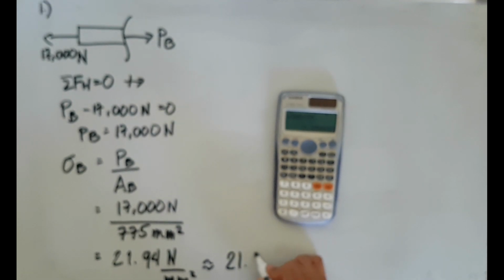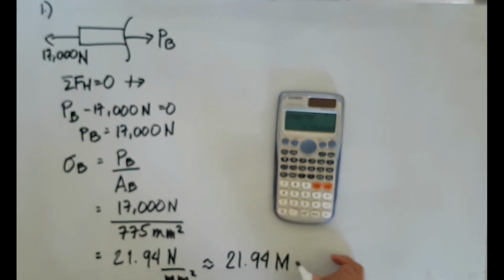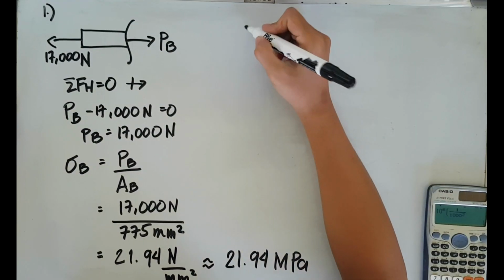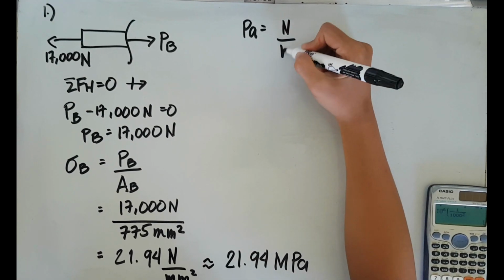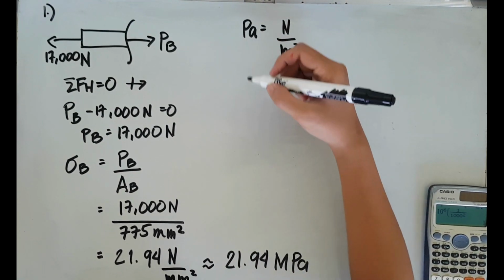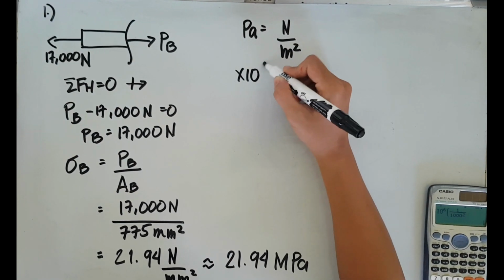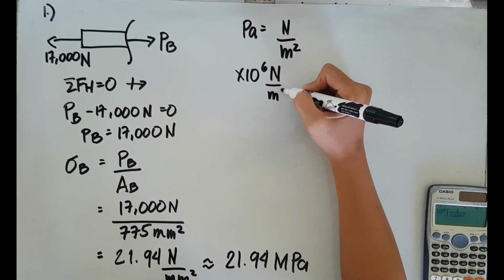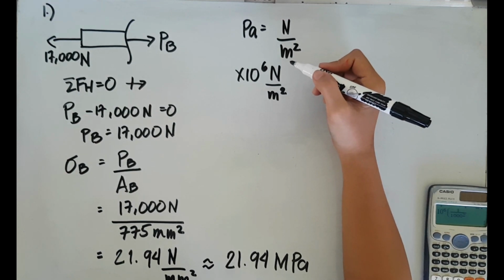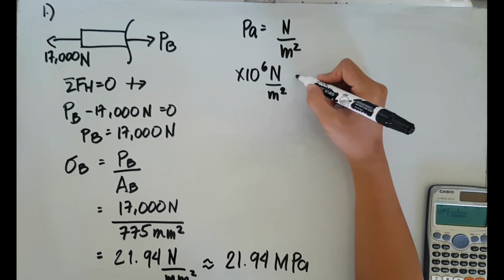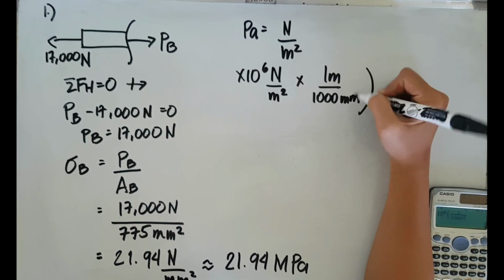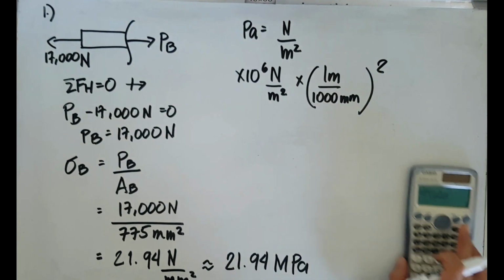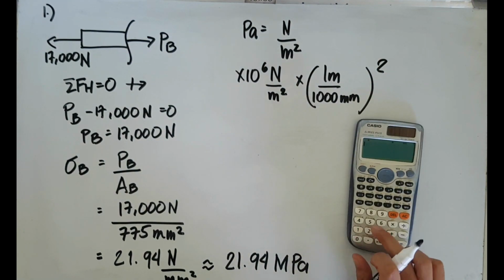So how did I arrive at megapascal? Pascal is equal to Newton per square meter, and mega is equal to times 10 raised to 6. So we will just convert it into Newton per square millimeter by multiplying it with 1 over 1000 square millimeter.